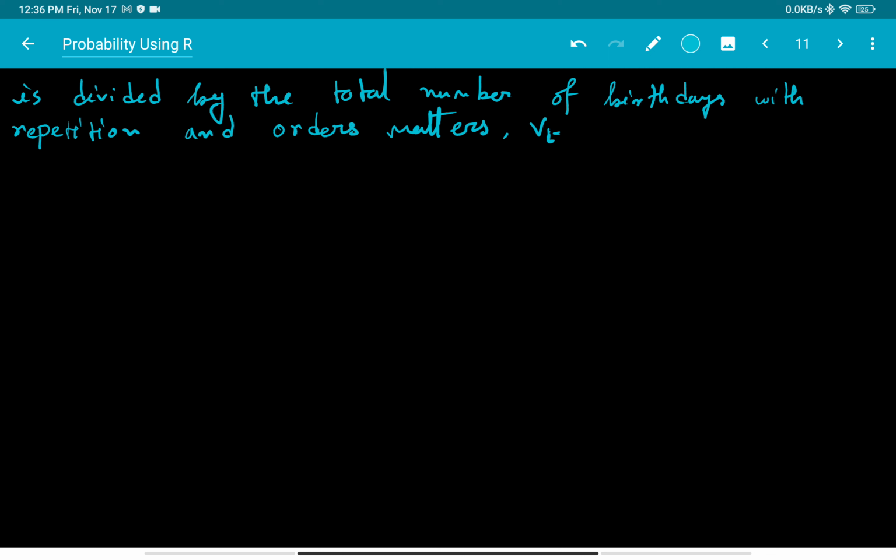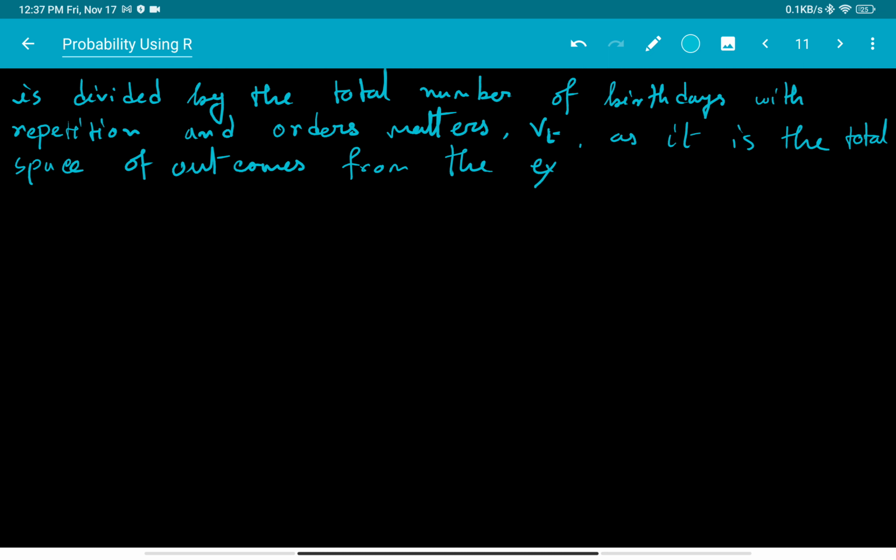Now, VT is the total space of outcomes from the experiment.